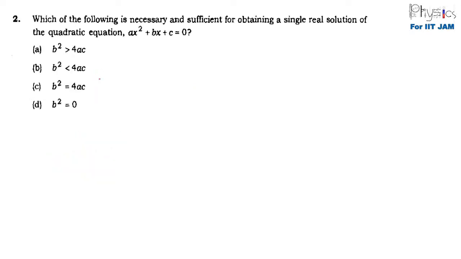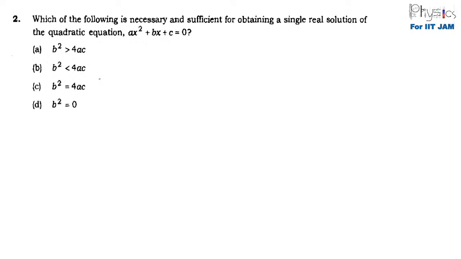So this is our next problem. So tell me if you can solve this problem. So here the question is, which of the following is necessary and sufficient for obtaining a single real solution of the quadratic equation ax squared plus bx plus c equals 0?